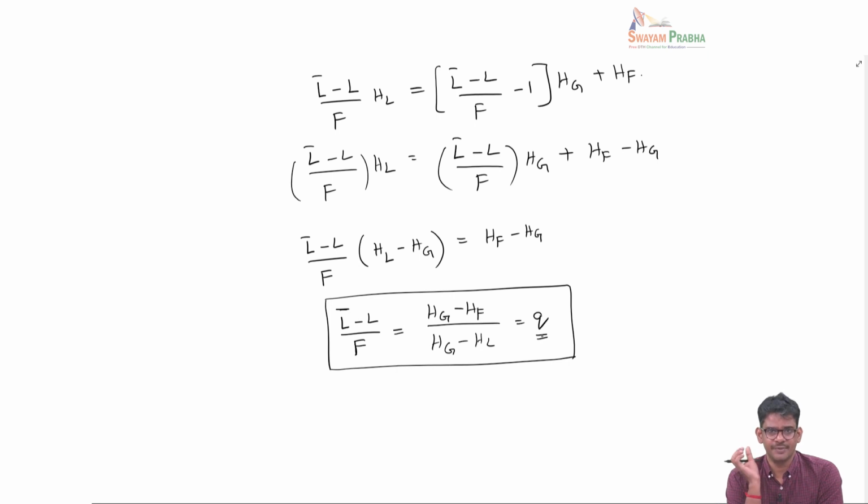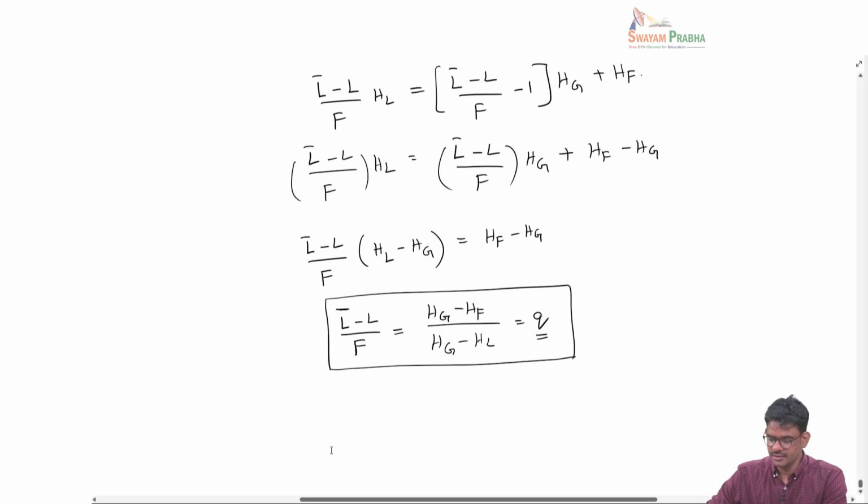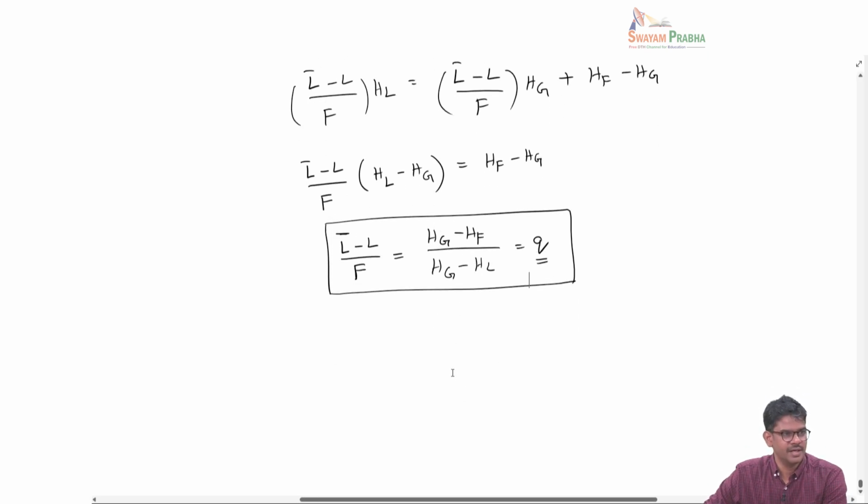This Q is basically the ratio of two enthalpies. The top, Hg minus Hf: Hg is the enthalpy of the vapor, Hf is the enthalpy of the feed, and in the denominator you have Hg minus Hl. What do you think this Hg minus Hl signifies? It is basically the latent heat, and this latent heat also depends on the temperature.